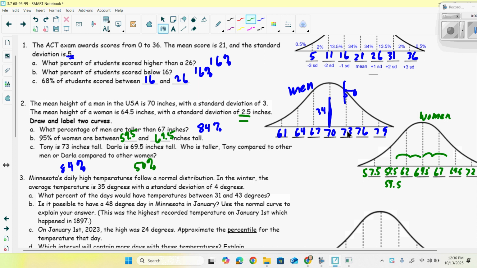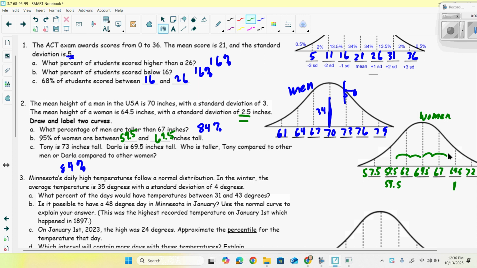So Tony being at 73 is slightly higher than, oh wait, I misread. 64, not 69. So actually Darla's actually up here. So this is 84 plus another 13.5.